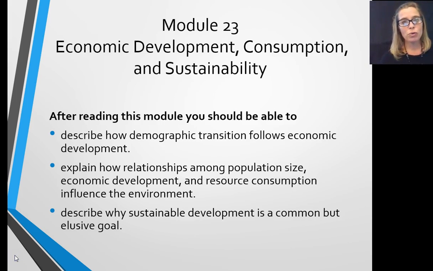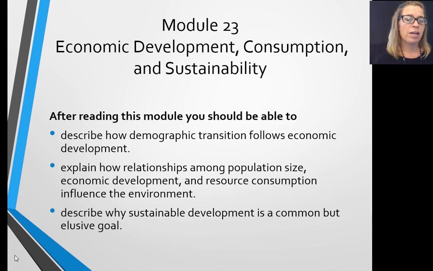Based on those future projections, we can come up with some ideas, based on our models, for the carrying capacity of our planet and different types of populations. We can come up with some predictions about what's going to happen in the future.